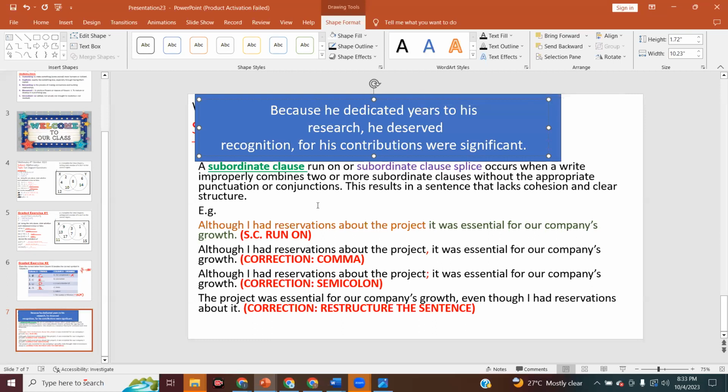So you can correct a subordinate clause run-on by just putting a comma. Sometimes it may need more than one comma. If it needs more than one comma, then you put more than one. If it needs only one, then you will put only one. You can correct it by what else? What's another way besides the comma?